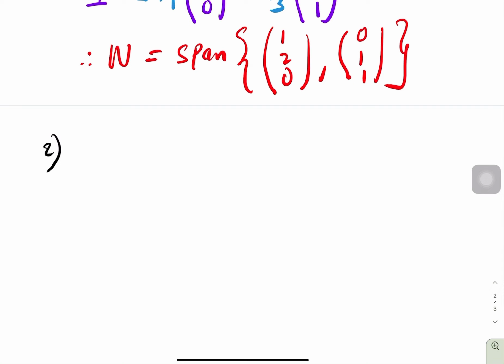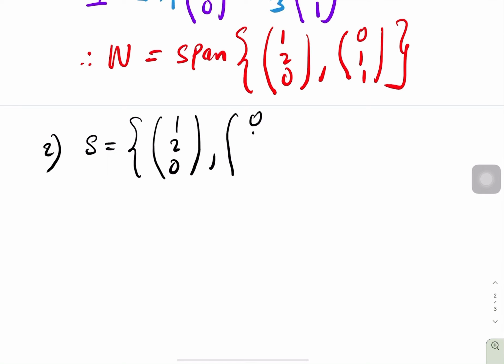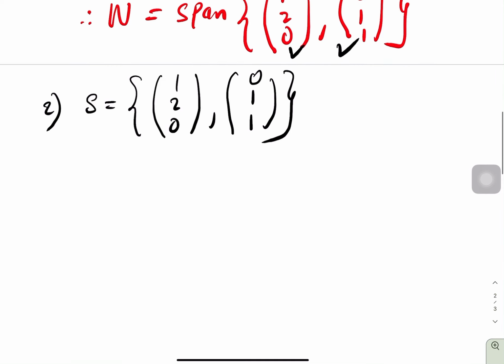There are many ways to do that. So you're going to have your S as a set of vectors, that is 1, 2, 0, and 0, 1, 1, which are basically these vectors here. So you want to check if these vectors are linearly independent. Like I said, there are many ways to check that. One way would be to say that if the vectors are a scalar multiple of each other, they are going to be linearly dependent.